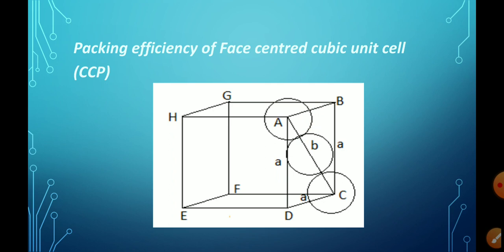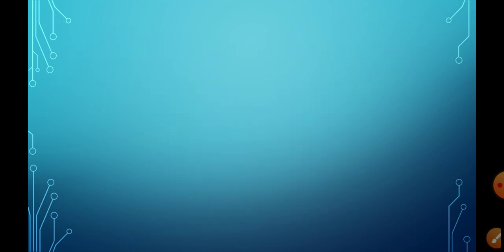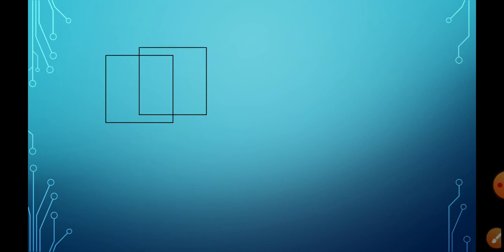So we derive the packing efficiency. What are the things needed, and how do we derive it for the face centered cubic unit cell? First we need to draw the diagram. The neatness of the diagram is important, therefore first you should draw 2 squares and next join the squares. It becomes a 3-dimensional structure, a cube.